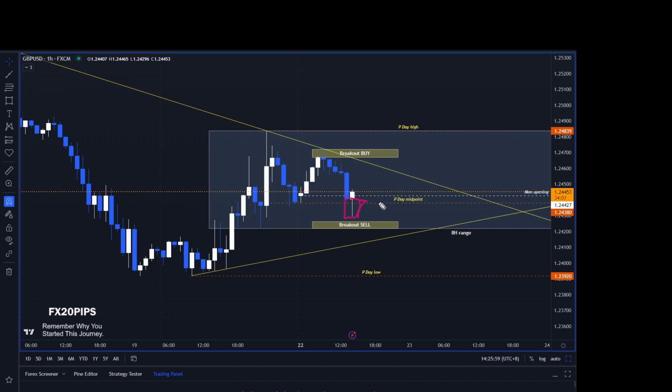All right, so what happened here is sellers are feeling threatened now, if they have a stop loss here, or the stop loss here, or sellers who enter here, or even sellers who enter here. Now they are making a loss.